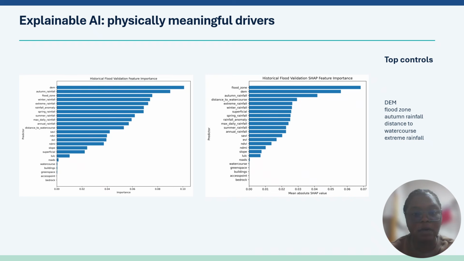From what we see, the most dominant drivers were elevation, flood zone, rainfall, distance to watercourse, and even extreme rainfall. And we found that these findings are physically meaningful and align with established flood generating processes, providing confidence in our model predictions.